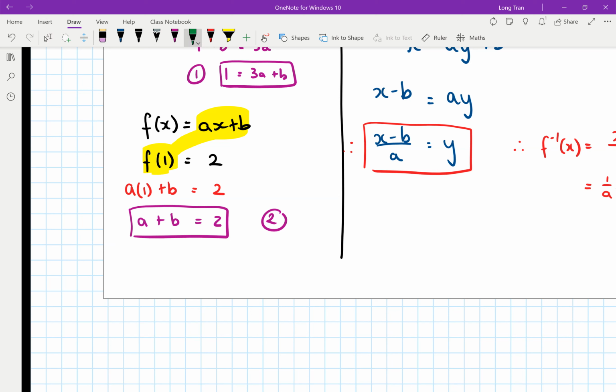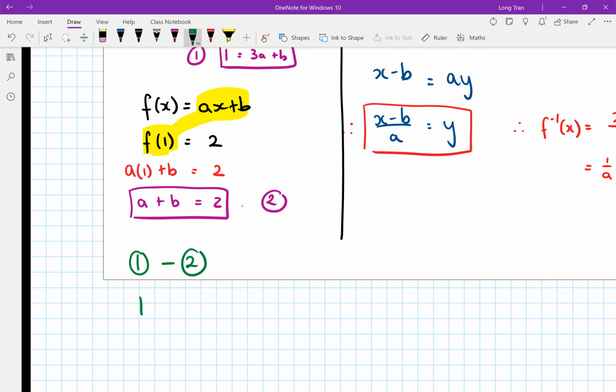So here we go. I like using elimination method. So I probably would say take equation 1 minus equation 2. So I'm just going to write it again. You have 1 equals to 3a plus b, whilst equation 2 is 2 equals to a plus b.